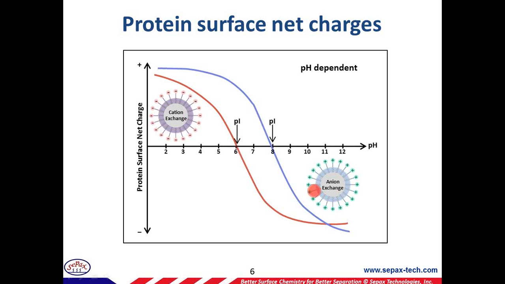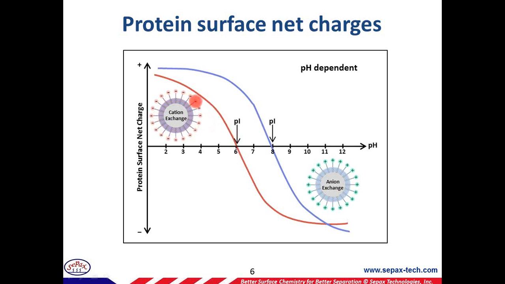In this graph, we can see there are two hypothetical proteins with pI, one at 6, the other at 8. When pH is equal to pI, you have the net charge at 0, so the protein doesn't really bind to either of these phases. When the pH is below its pI, you have more net positive charge, and the protein can bind to the cation exchange.